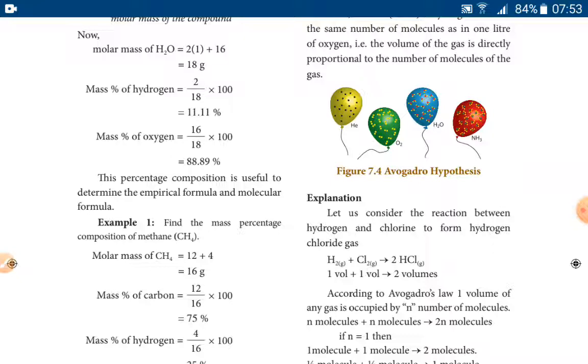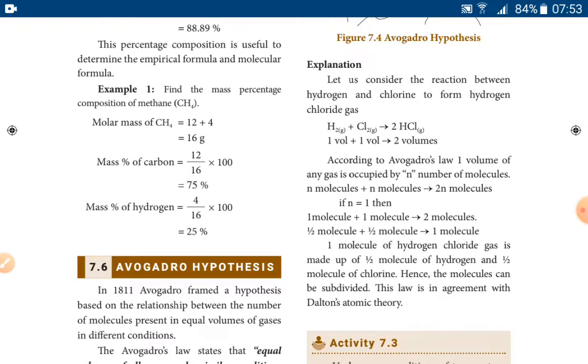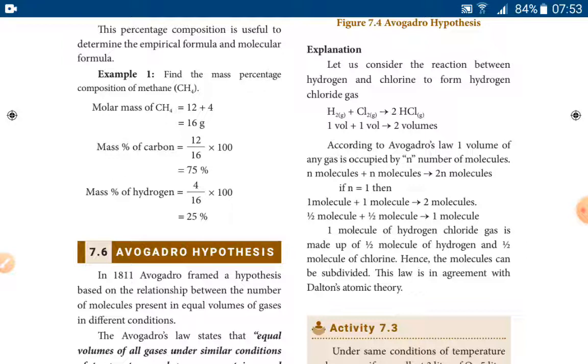So 2 volumes of the product contain 2 molecules of HCl. N is nothing but the number of molecules. So 1 molecule plus 1 molecule gives 2 molecules.